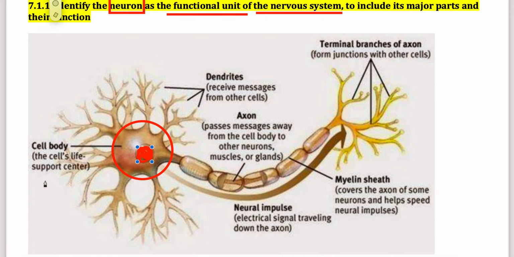The cell body has small extensions, and these are called dendrites.